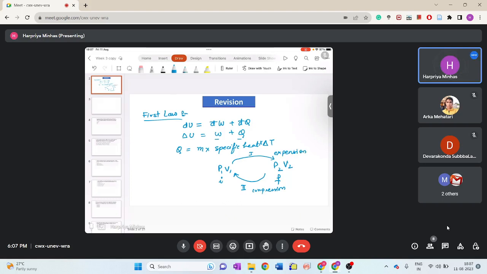Then the work processed in the surrounding is equal to the heat withdrawn from the surrounding itself. So it depends upon the heat exchange between the system and the surrounding, and according to that, the compression and the expansion processes take place.